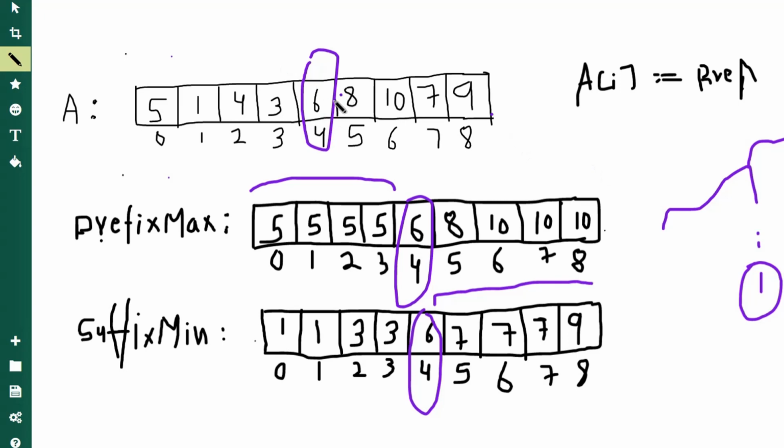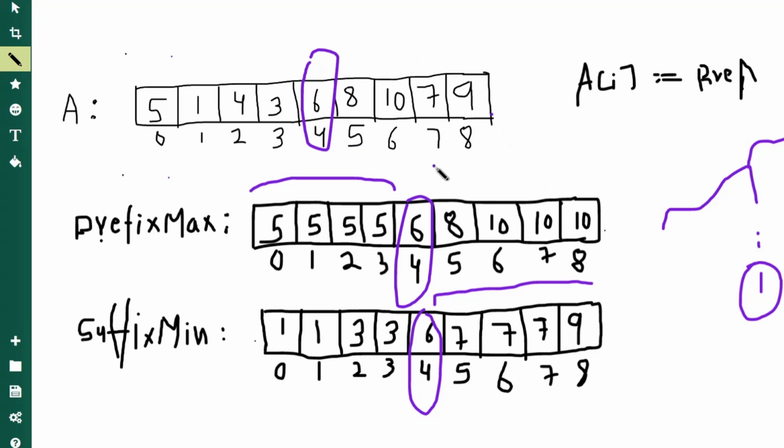Okay, there exists a duplicate. So if there is a duplicate, then the prefix max at I minus 1 is also equal to ai, and in that case the condition is violated, because there exists an element before the index I in the array A which is not strictly smaller than the element ai.